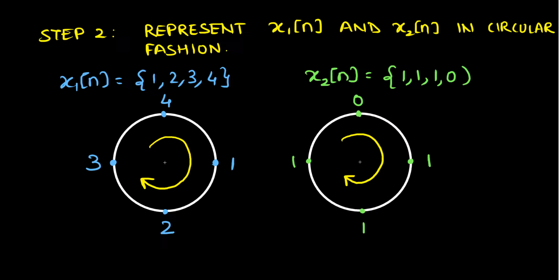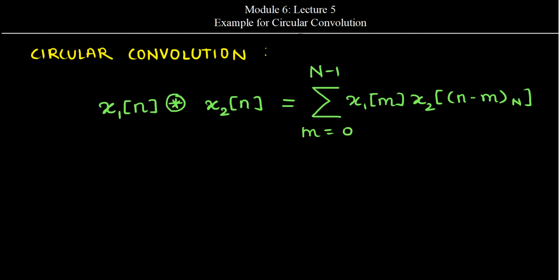Because if we look at the initial expression, after shifting, we need to multiply these two signals and add, and this we need to do for n minus 1 times, that is from 0 to n minus 1.